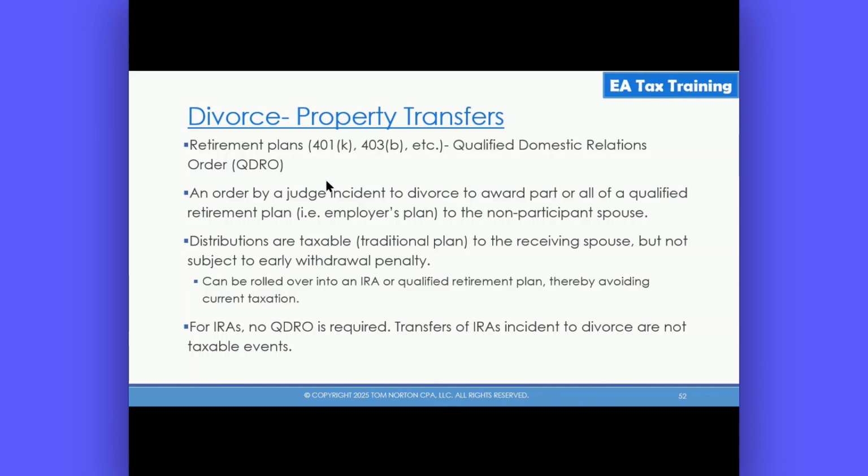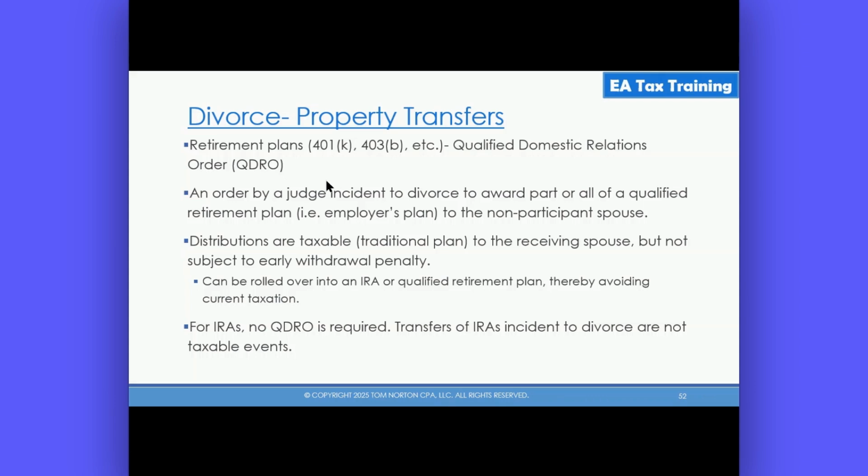When they do that, those distributions are taxable, assuming it's coming from a traditional plan, not a Roth plan. Those distributions are taxable to the receiving spouse, but they do not have to worry about that 10% penalty for early withdrawal. And they can avoid tax altogether if they roll that amount over into an IRA or into a different qualified retirement plan. So that's the way it works with a quadro.